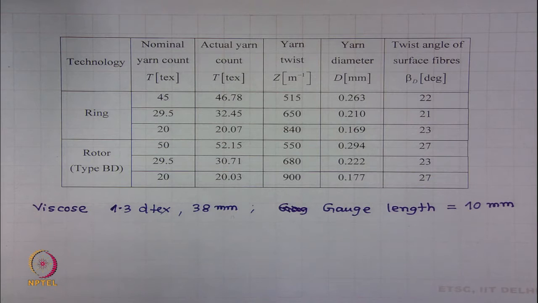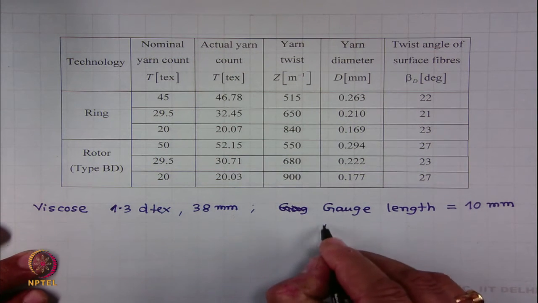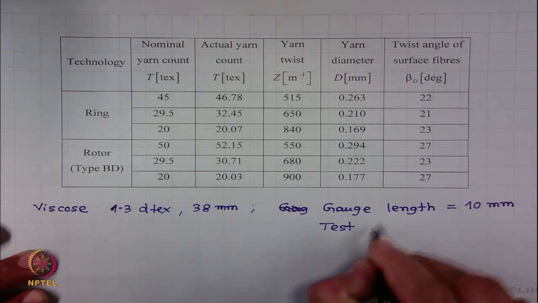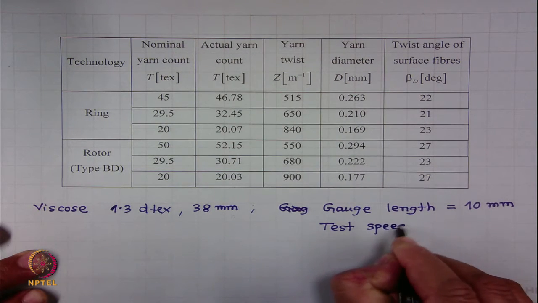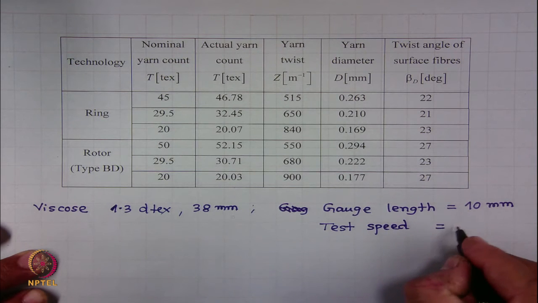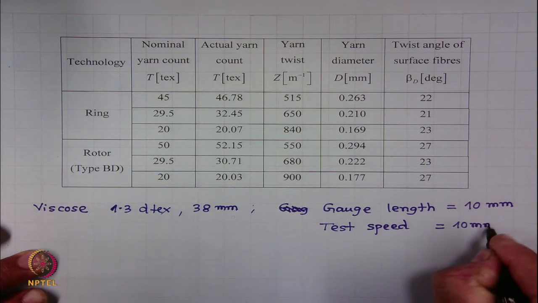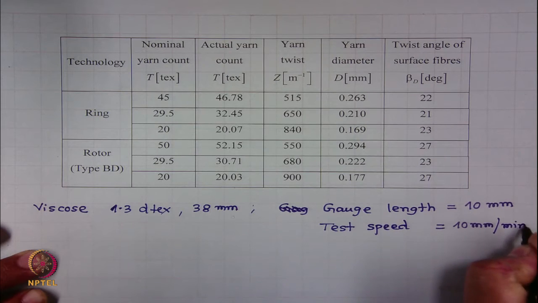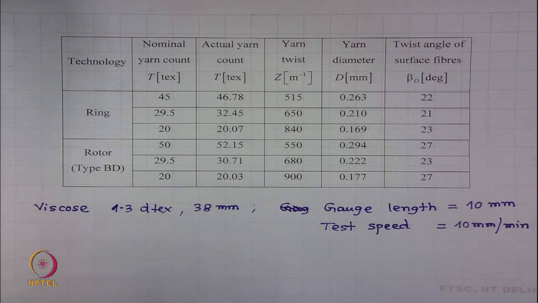While obtaining the stress strain curve of the fiber, the gauge length was kept at 10 mm and test speed was kept at 10 millimeter per minute. But for yarn those test parameters were a little different.